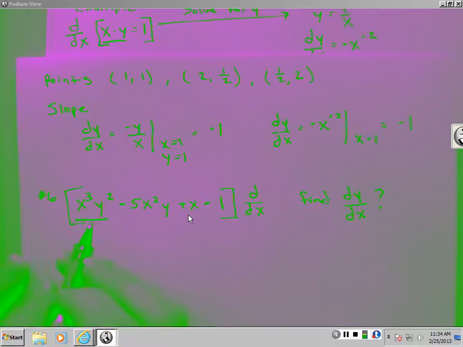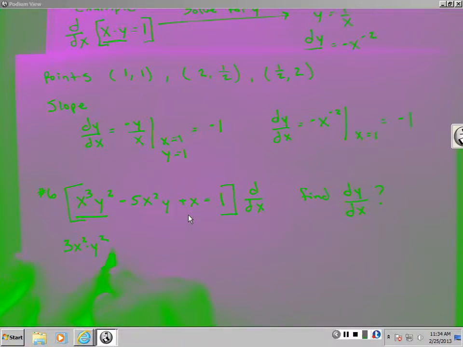What's the derivative of the first function? 3x squared, hold the second function, plus, what's the derivative of the second function? 2y times dy dx. So it's kind of a chain rule. Why is this? Because y is the thing we don't know.